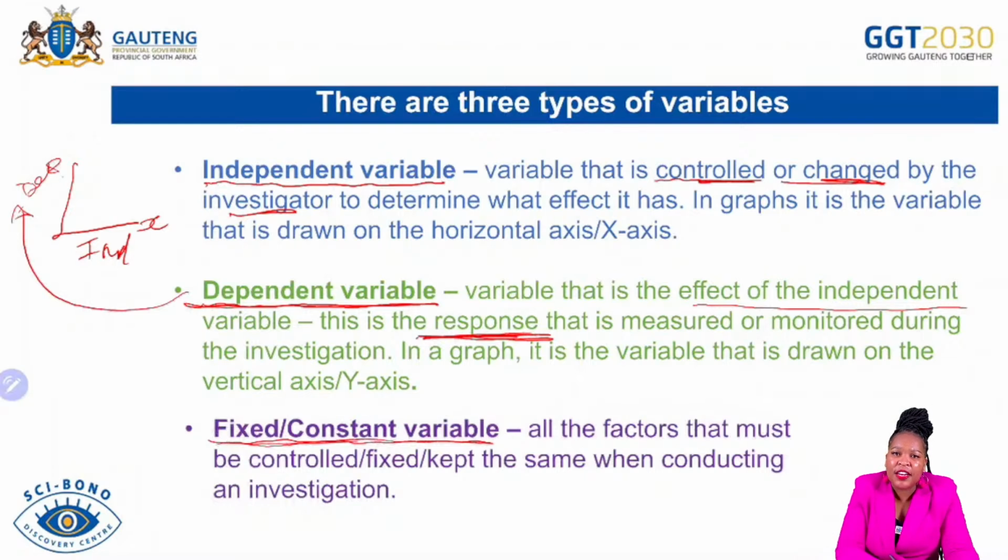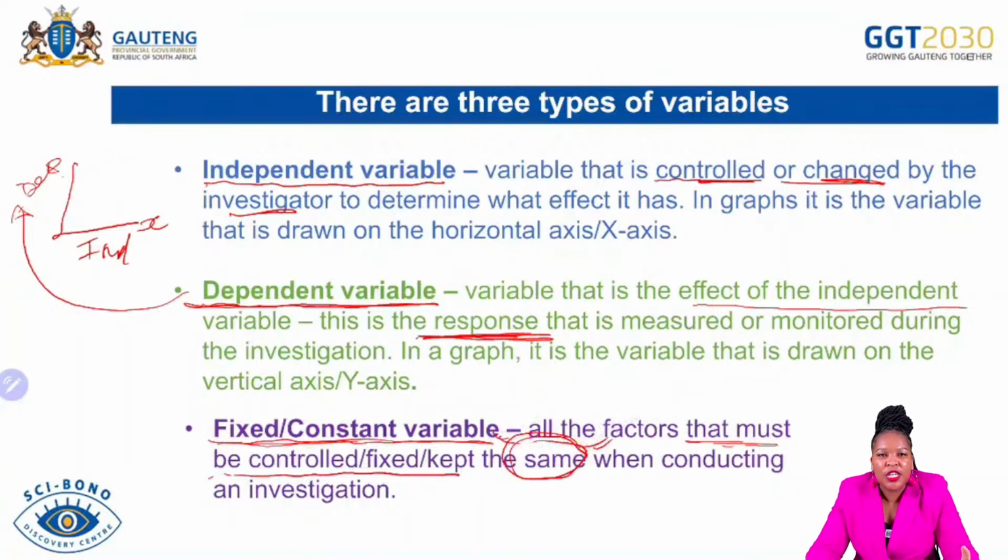Now, what type of variable is this one? This is a variable where all the factors that must be controlled or fixed, that must be kept the same. The key word here is same. Everything that you need to keep constant throughout your experiment will fall under a fixed or a controlled variable. To ensure your validity, you will have to ensure that your fixed variables are the same.